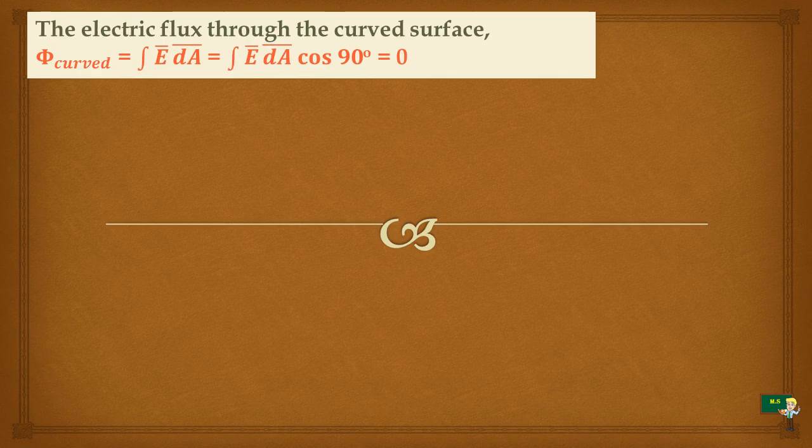Now, the electric flux through the curved surface. Φ_curve is equal to integral E·dA, which is equal to integral E·dA cos 90 degrees, equal to 0.